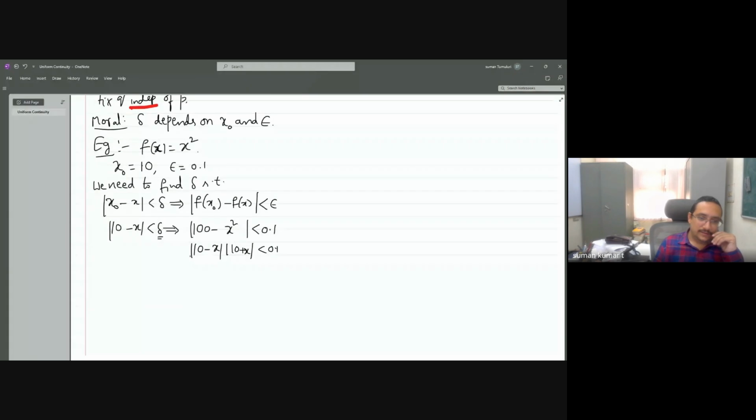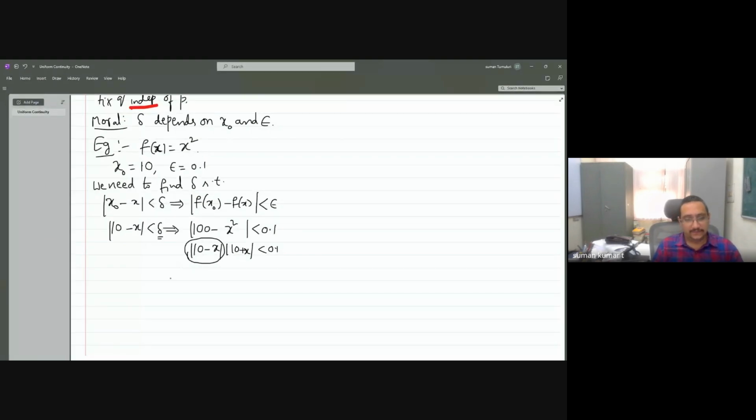I want to find delta such that 10 minus x less than delta implies this quantity into this is less than 0.1.